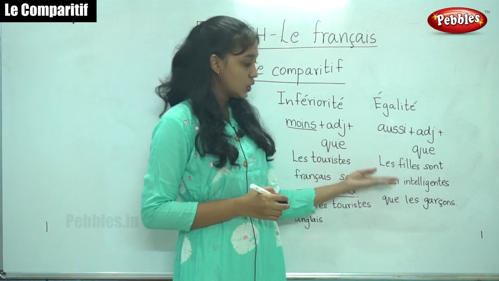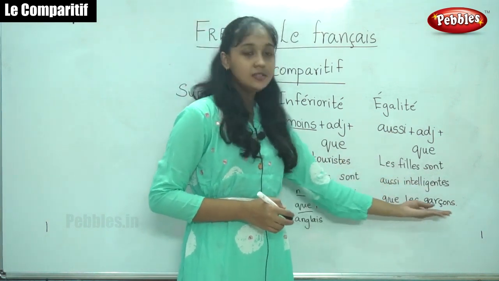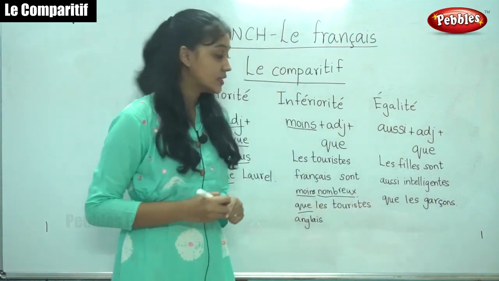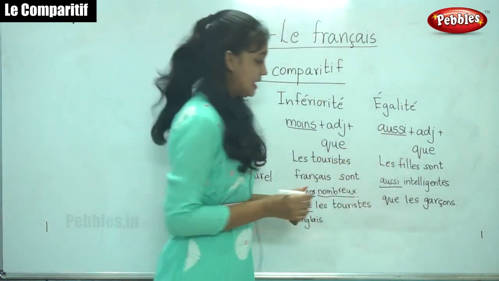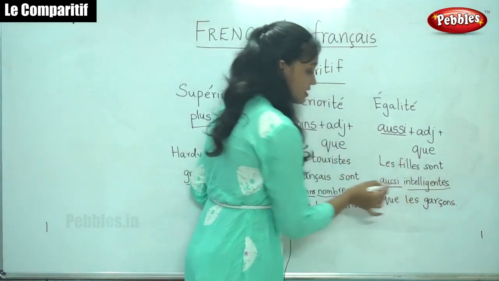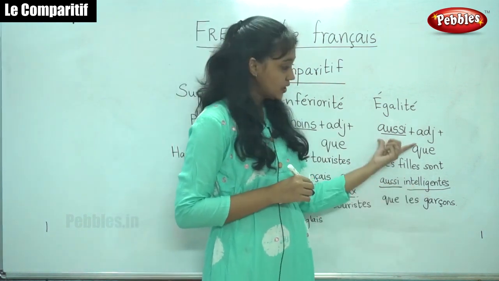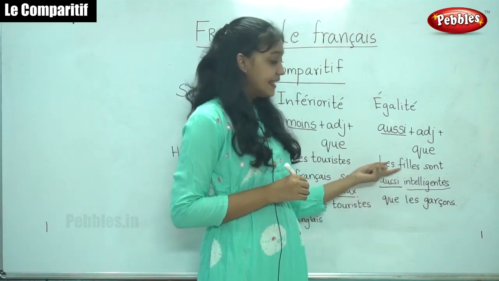Aussi means equal. So, as intelligent as the boys, les garçons. So what word did we use here? Aussi plus the adjective, here intelligent, and we are dealing with a plural noun, les filles.